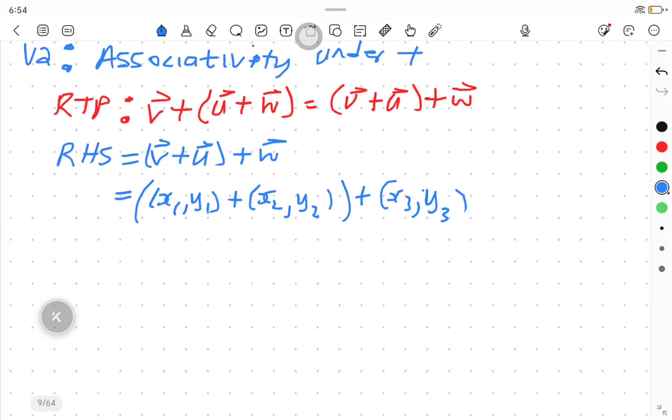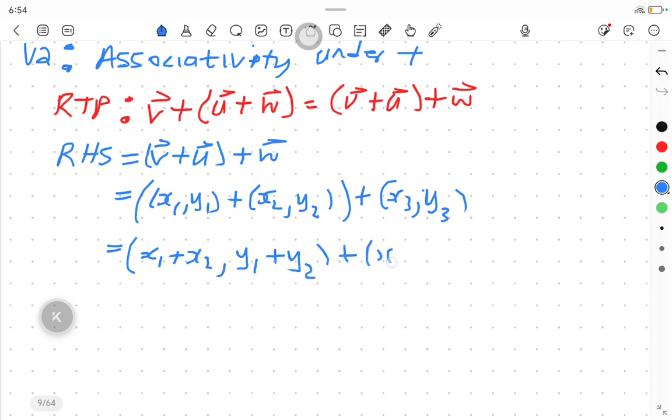You see, right, and this will be equal, according to the definition, we are adding these two, then on the other side we add these two, right? And then this would be (x1 plus x2, y1 plus y2).